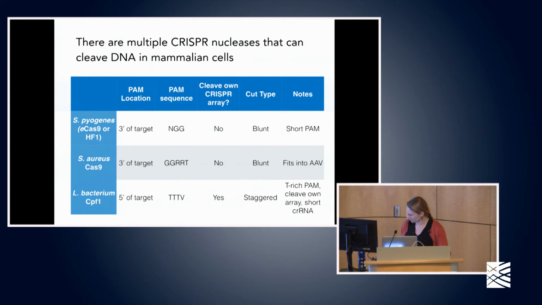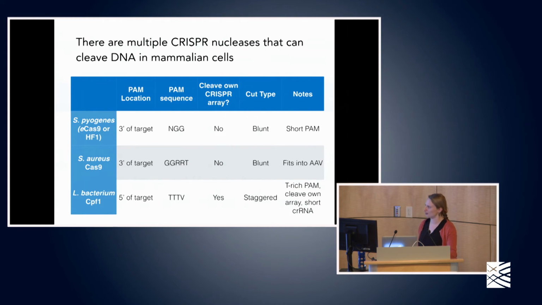And so here's a table with the key findings of the last few described Cas9s and Cpf1s. S. pyogenes has a very short PAM. It's very well characterized, and so this is often the one people use to do genome editing. But if you're interested in using AAV vectors, SaCas9 is very nice in that it's small and you can fit a single guide and the Cas9 within a single vector.